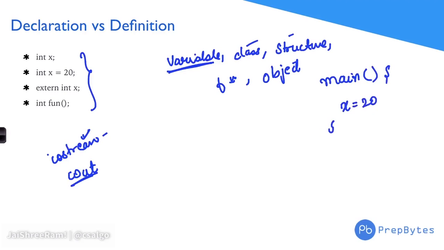Here the compiler doesn't know x at all. The compiler doesn't know whether it is valid to put the value 20 in x or not. In order to take this decision, the compiler has to know the data type of x. So when we declare, we just inform the compiler that it exists and what properties apply to it. And how do we declare it? As I said, there are different ways to declare each of these.